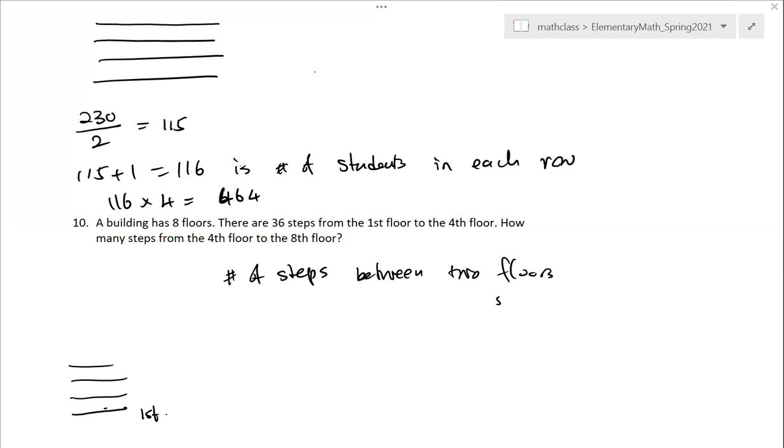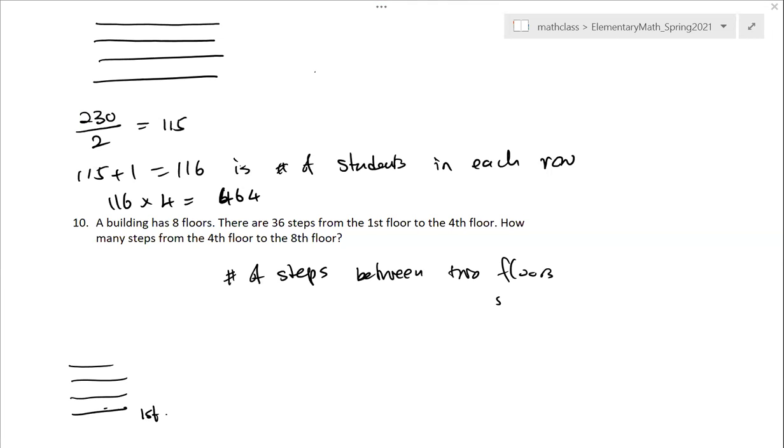Got so many different answers, as you can see. Kevin even shows me 60. The number of steps between two floors.